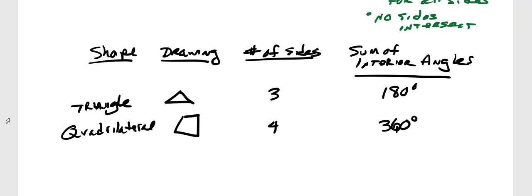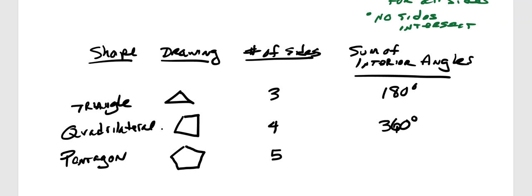Now let's do one more. If we add one more side, we have 5 sides, we now have a pentagon. Now a pentagon, 1, 2, 3, 4, 5. It doesn't have to be exact, but we know it has 5 sides.